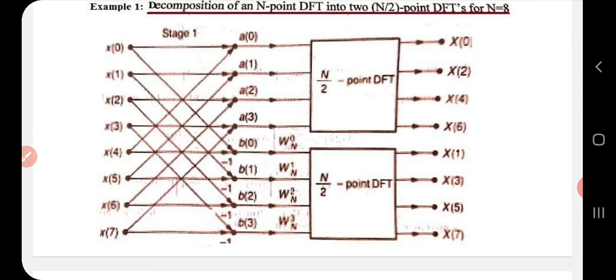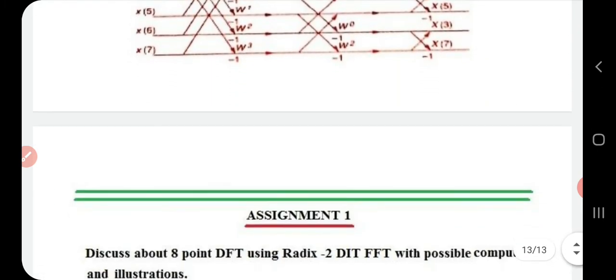Its DFT is split into two, one comprising even components and the other comprising odd components. So in this, you should give more stress to, or learn thoroughly, decimation in time: the principle, the algorithm, the various computational steps involved in writing this DIT algorithm, and then the differences and similarities between DIT and DIF.